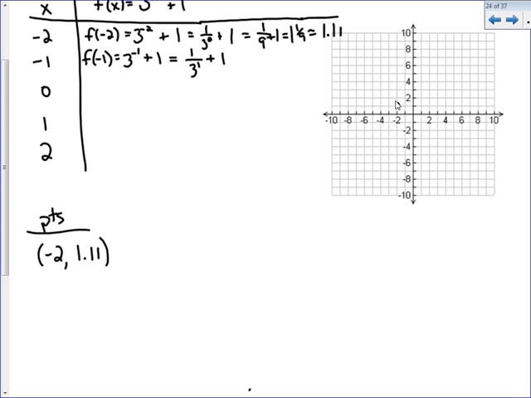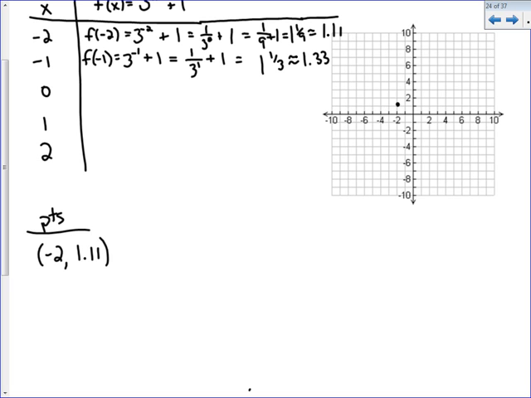That gives me 1 1/3. If you're adding a fraction to a whole number, you just put them together. You can approximate a third of the way up, or if you like your decimals better, just put it in a calculator. It's about 1.33.